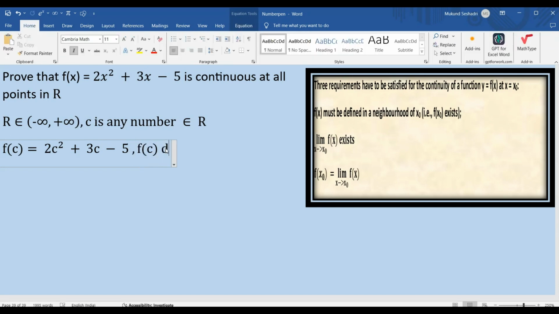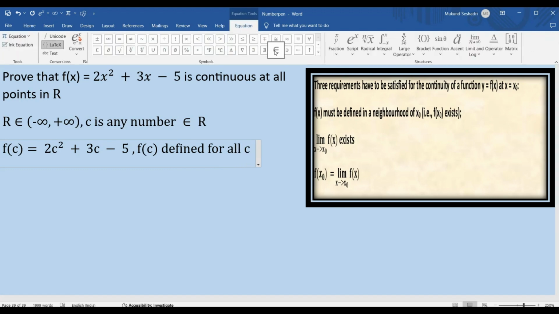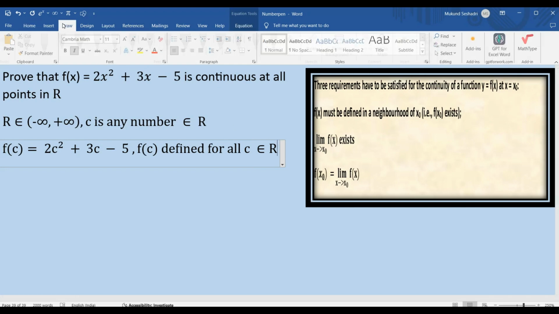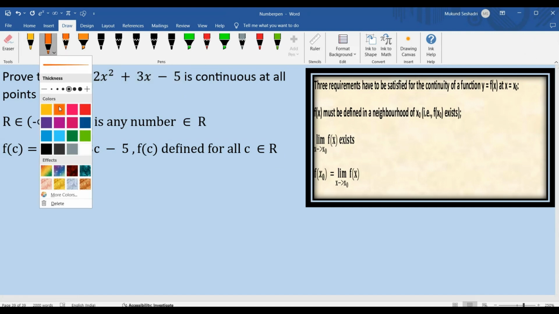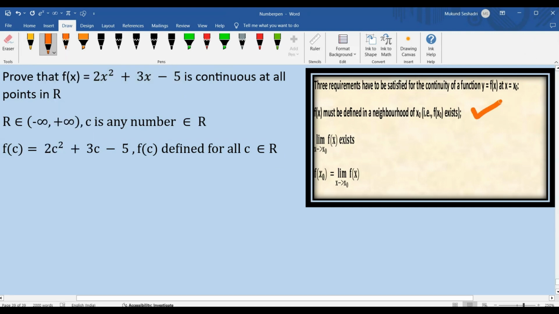So f of c is defined for all c belonging to R, and that means the first condition is sorted out, right? The first condition, that f of x must be defined in the neighborhood of x equal to x naught, is sorted out for R. So let's put a tick mark here.